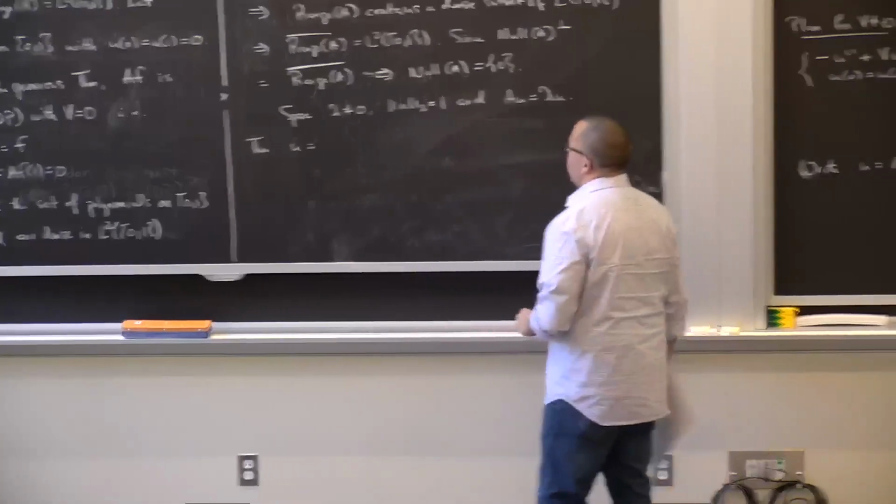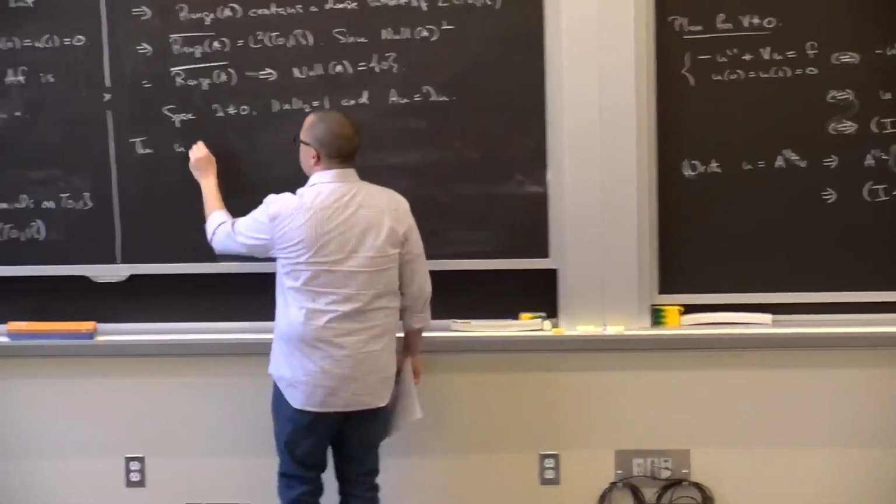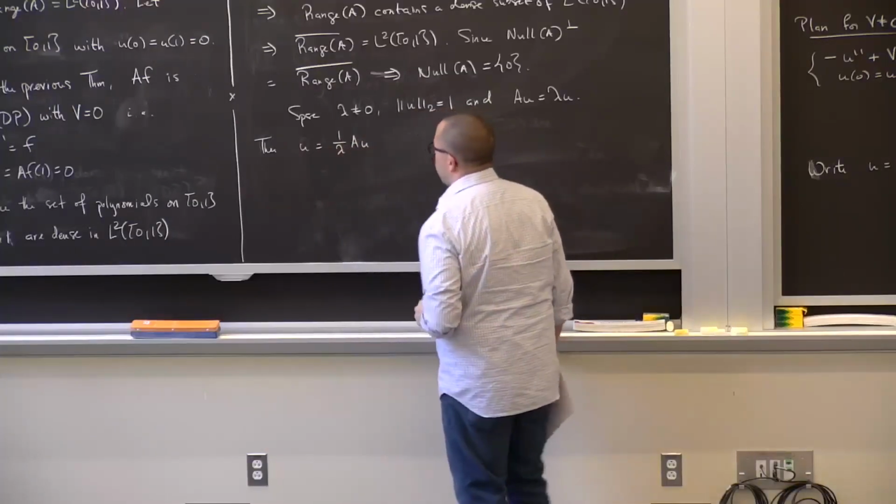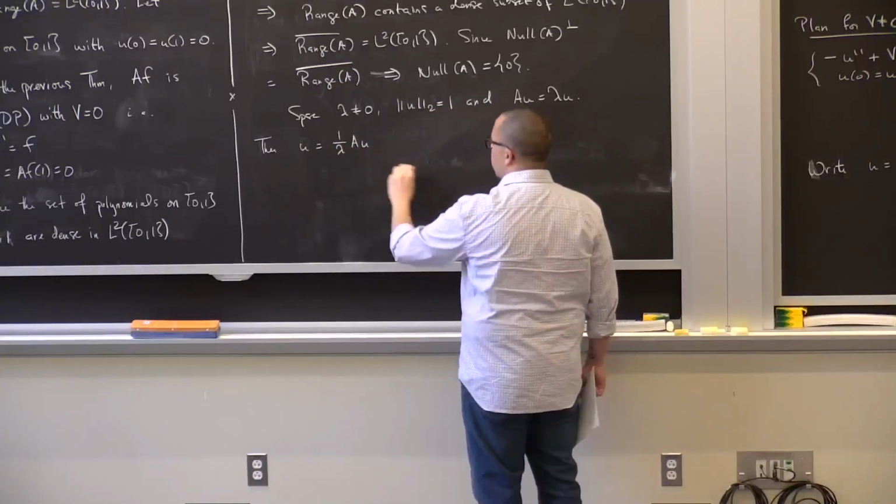Okay. Then u equals 1 over lambda times Au, which is fine because lambda is non-zero, so I can divide by that.